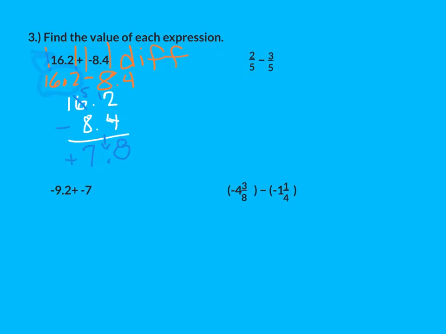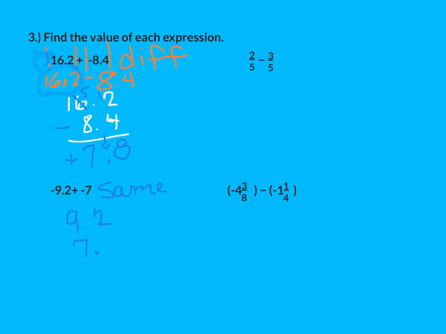Next one, I'm going to go down here to the next one, which is a decimal. The signs are the same, so find the sum. Again, when I add and subtract decimals, I'm going to have to stack those decimals right on top of each other. Like, but Mrs. De Silva, this one doesn't have a decimal.